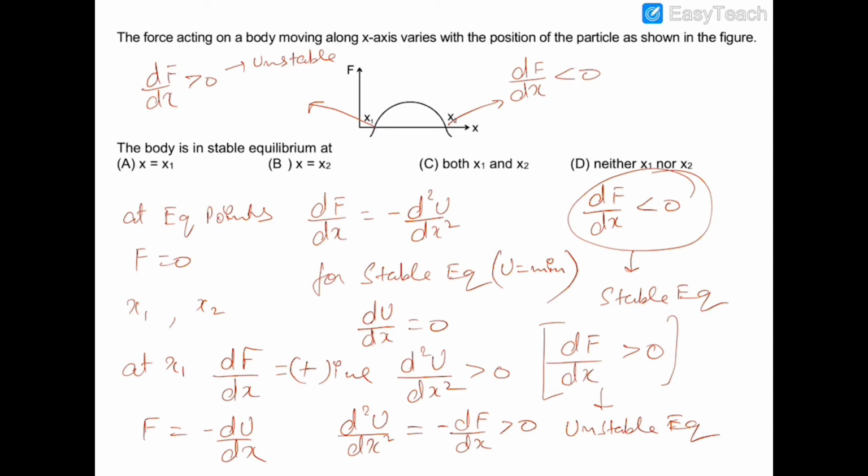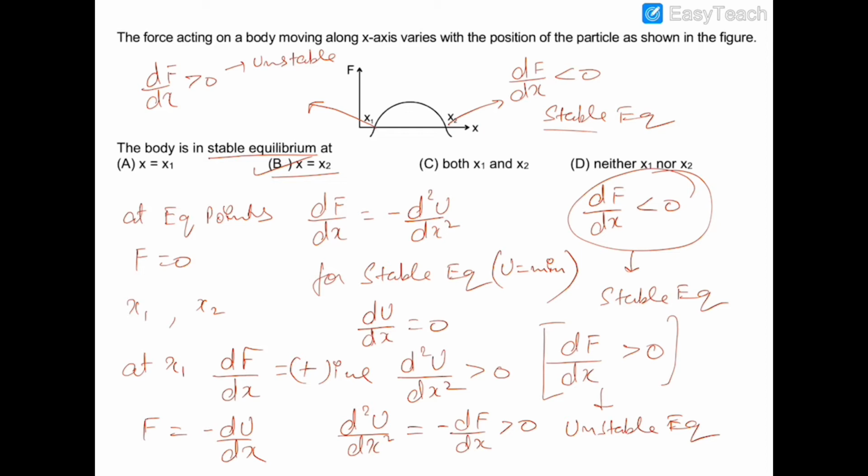Therefore it is stable equilibrium position. Now we need to identify the stable equilibrium position. So the stable equilibrium position will be x is equal to x2, and hence the correct answer will be option number B.